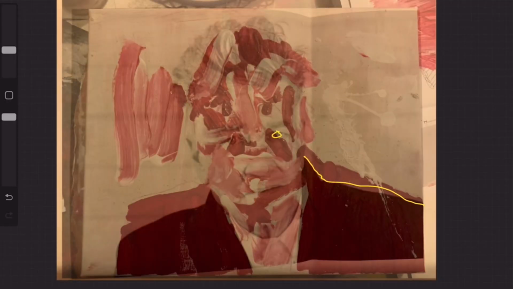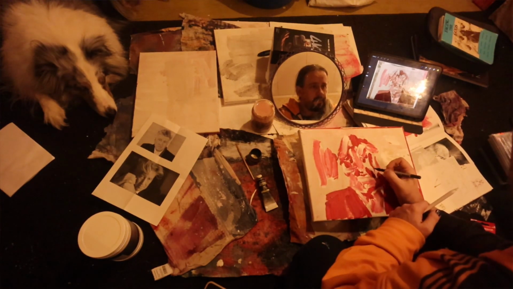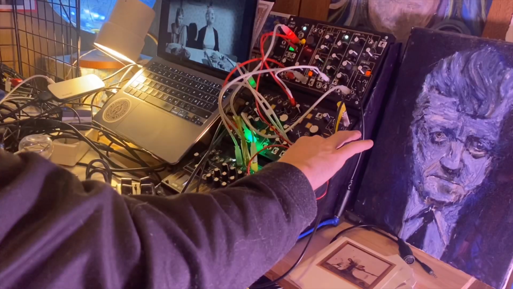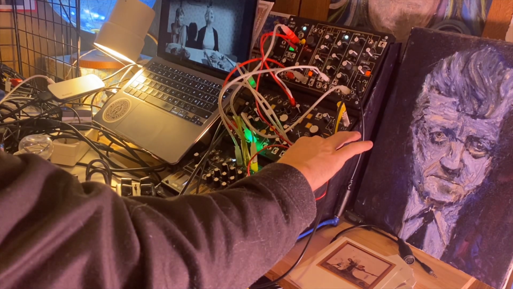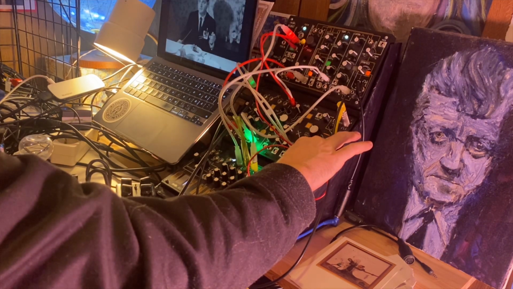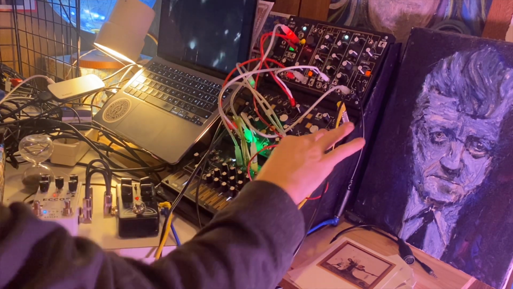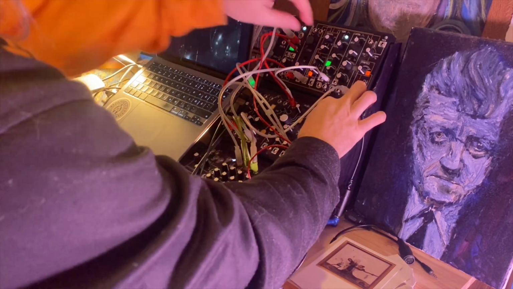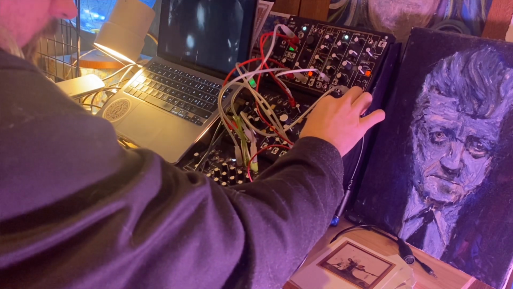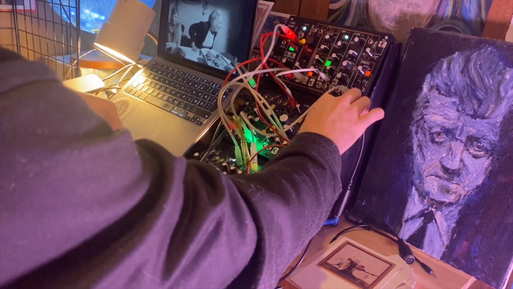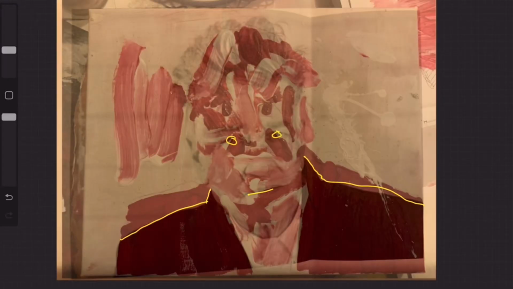This eye is at the side of this thing, so about there. Here.